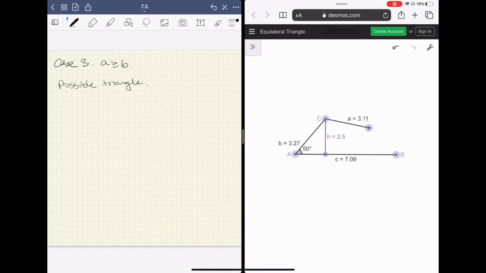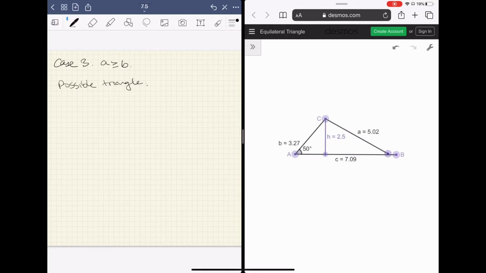Case 3 is when A is greater or equal to B. In this triangle here, B is equal to 3.27. So if A is greater than that, then we'll have how many triangles? We'll have only one triangle, right? So something like that.